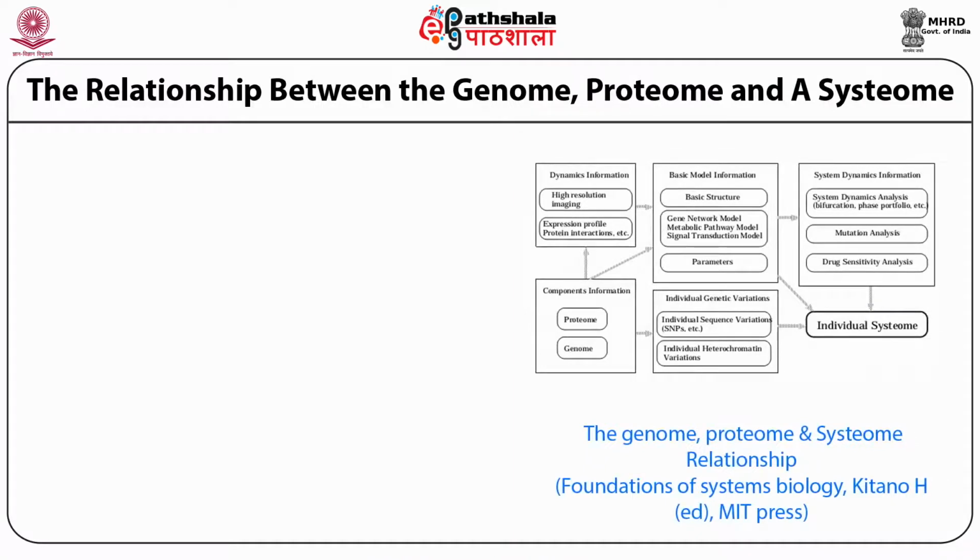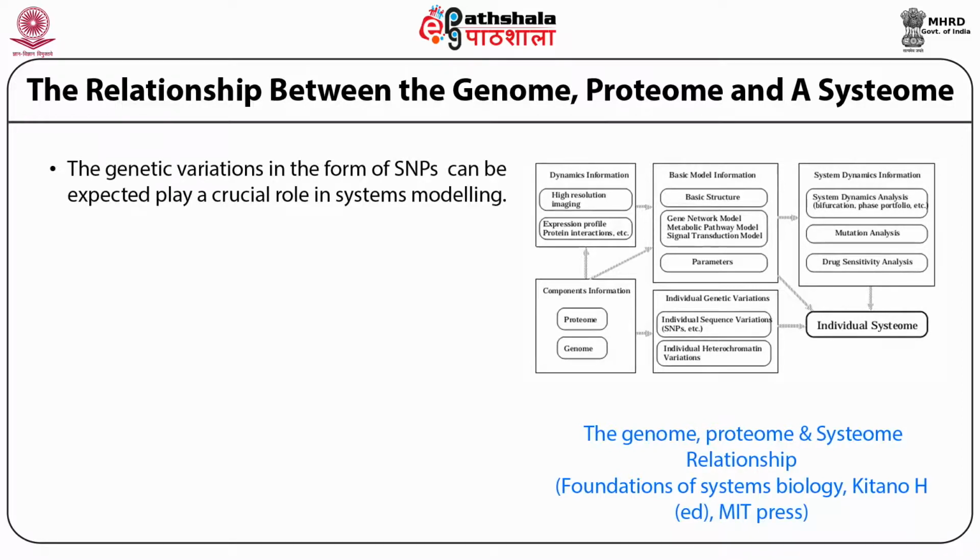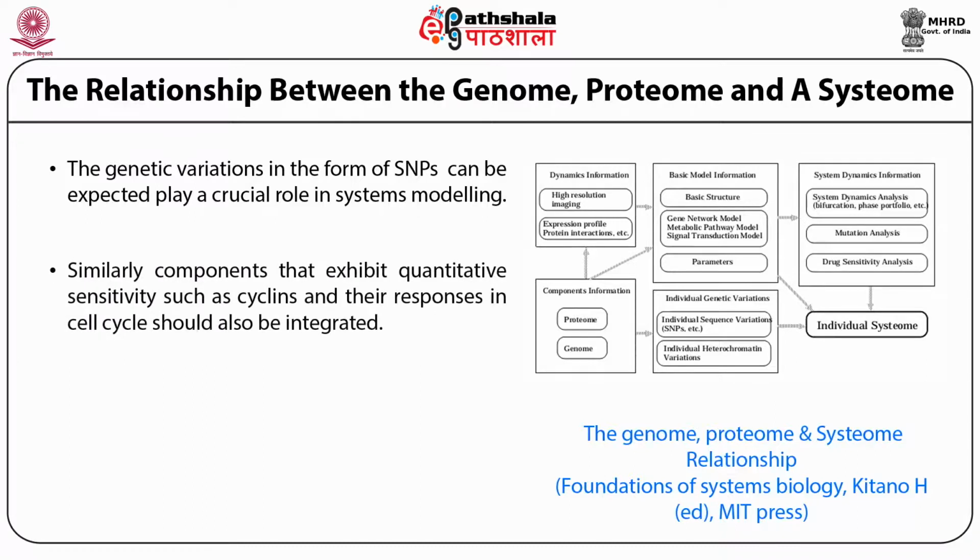The relationship between genome, proteome and the Systeome. This relationship is shown in the figure. So genetic variations in the form of SNPs can be expected to play a crucial role in systems modeling. Similarly, the components that exhibit quantitative sensitivity such as cyclins and their responses in cell cycle should also be integrated in order to give a complete picture.